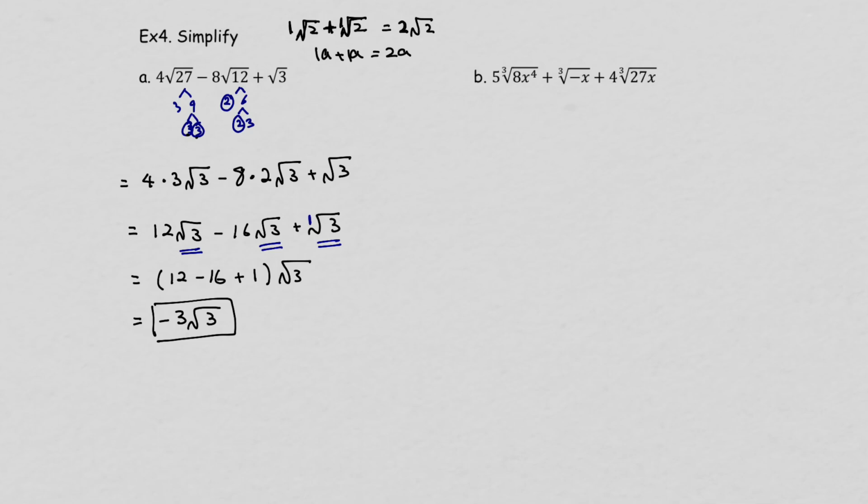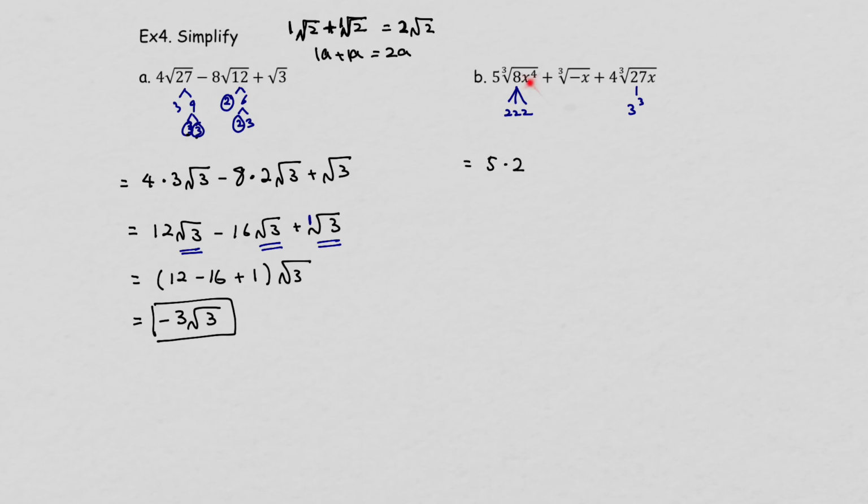If you don't understand or you're not quite getting this, let's try one more. This one right here, we're looking at a cube root this time, right? So if we have the same 3, I'd be able to bring it up, right? And 27 is 3 cubed, right? So when I simplify this, I get 5 times 2.